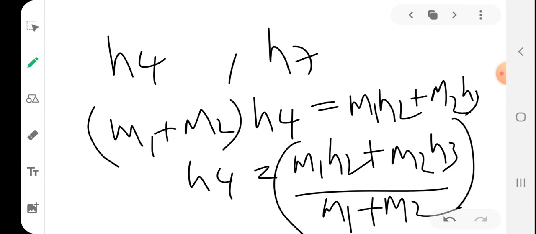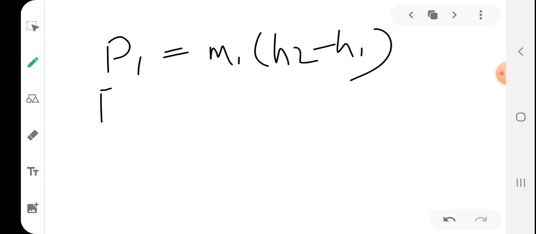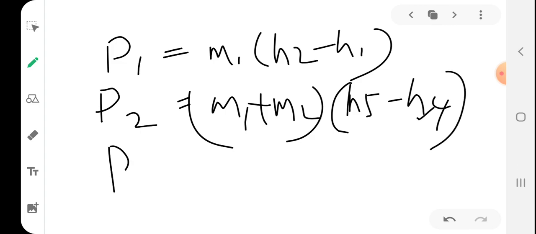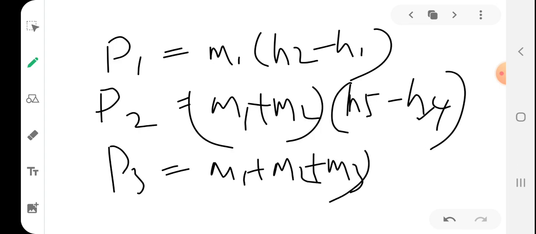So if we are able to find the values of h4 and h7, we can easily calculate power 1 as m1 into h2 minus h1. P2 will be m2 into, not m2, m1 plus m2, two streams are there, right? m1 plus m2 into h5 minus h4. You have the value of h4 with you. And P3 is nothing but m1 plus m2 plus m3 into h8 minus h7.